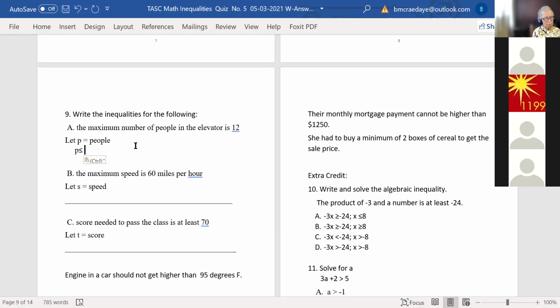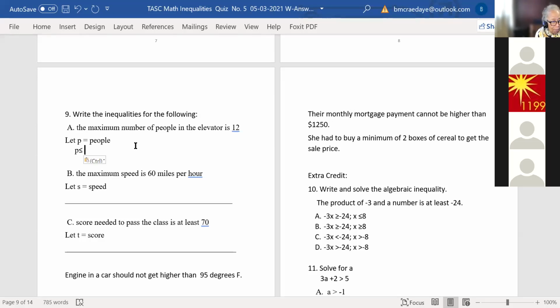You said the amount of people in the elevator. Maximum means most. The most number of people in the elevator is 12. Now, if I had to write an inequality, would I use a less than or equal or a greater than or equal?